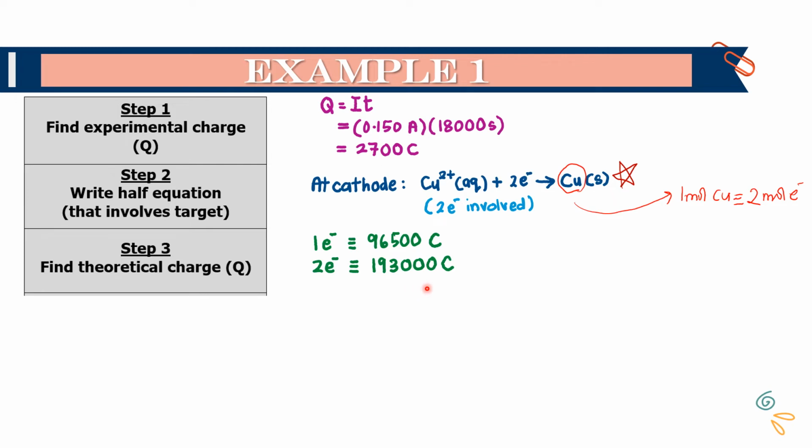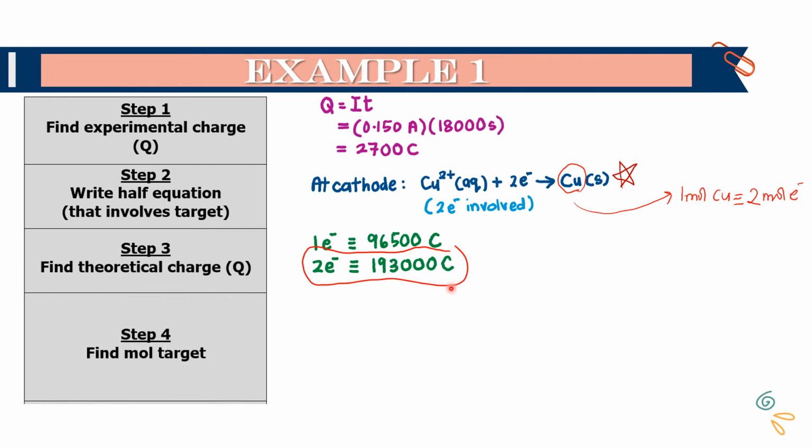Kenapa penting dekat sini? Because we're going to use this piece of information. Kita akan kaitkan dengan yang ini tadi. Kita tahu 1 mole copper akan hasilkan menggunakan 2 mole elektron. 2 mole elektron adalah bersamaan dengan 193,000 coulomb of charge.